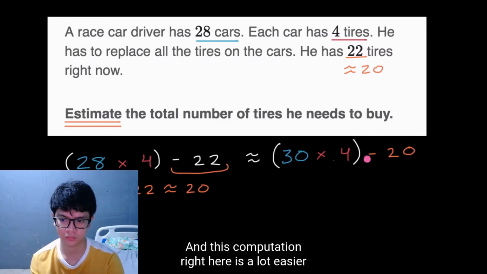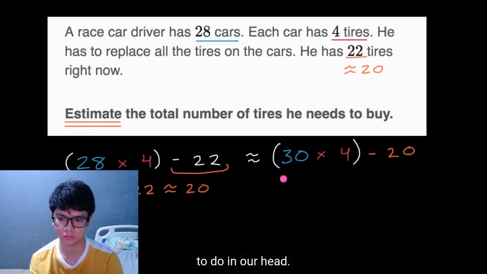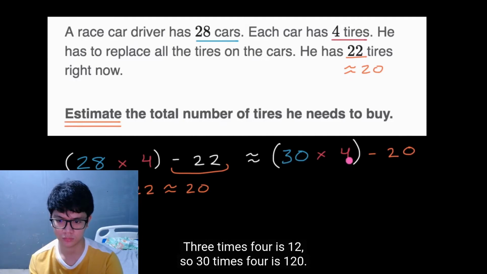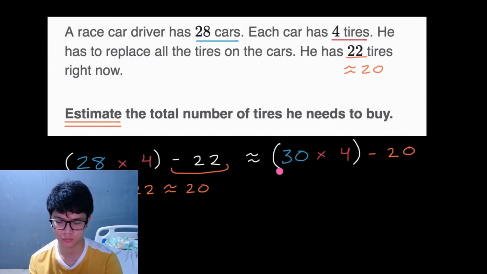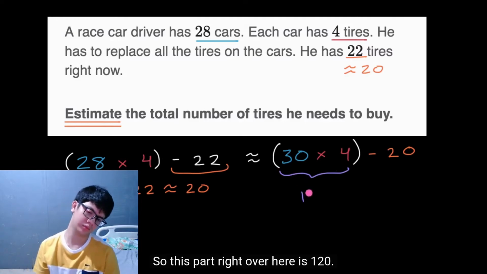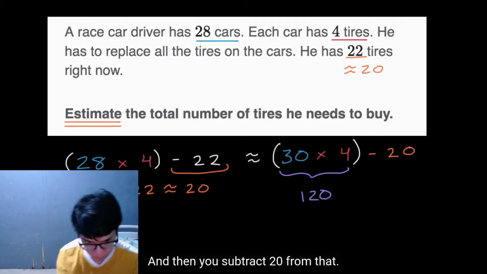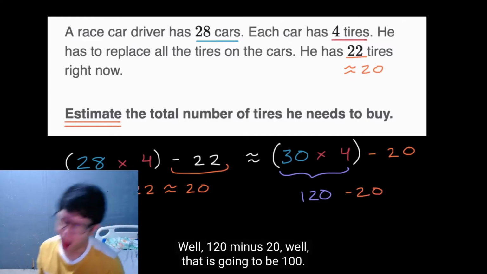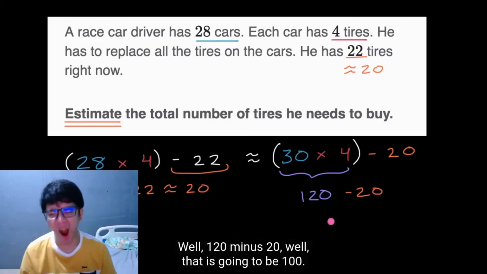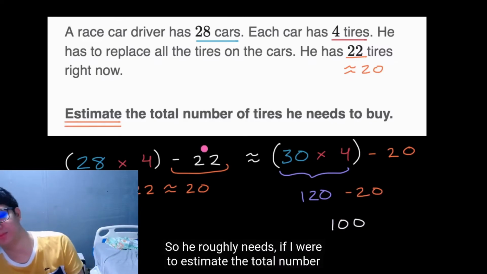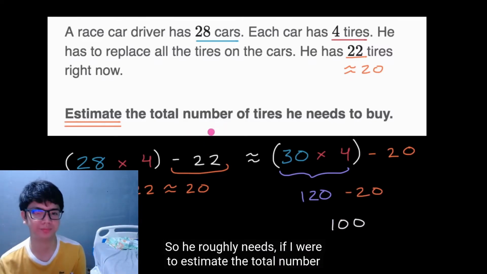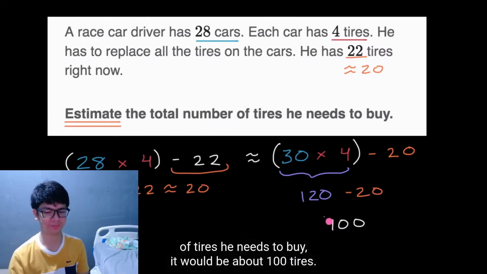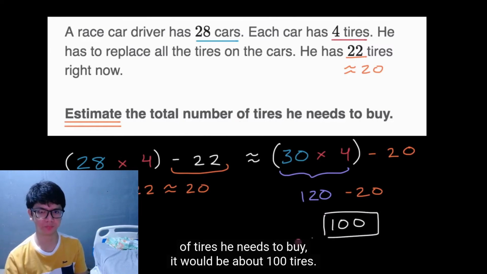And this computation right here is a lot easier to do in our head. 3 times 4 is 12, so 30 times 4 is 120. So this part right over here is 120. And then you subtract 20 from that. Well, 120 minus 20 is going to be 100. So if I were to estimate the total number of tires he needs to buy, it would be about 100 tires.